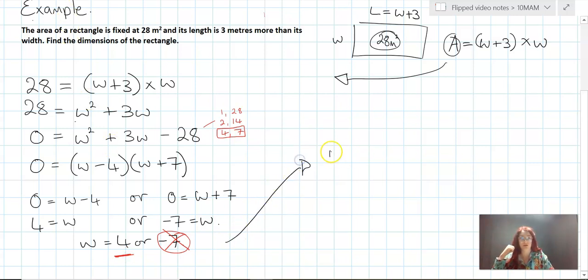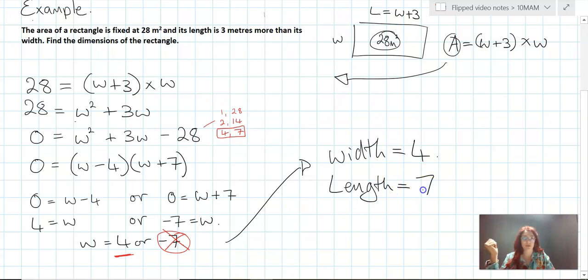The width is 4, and we know that the length is the width plus 3. So our length must be 4 plus 3, which is 7. And we can check that because our area needs to be 28. 4 times 7 equals 28, which is our area.